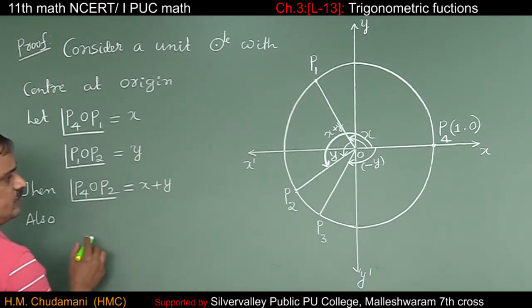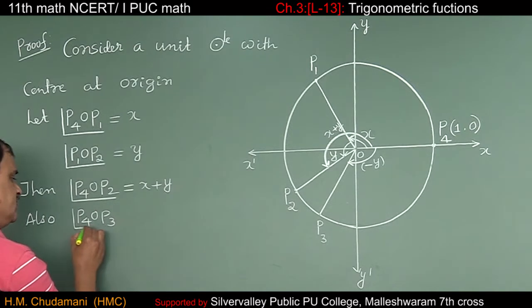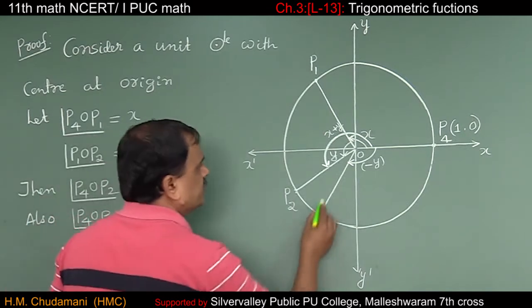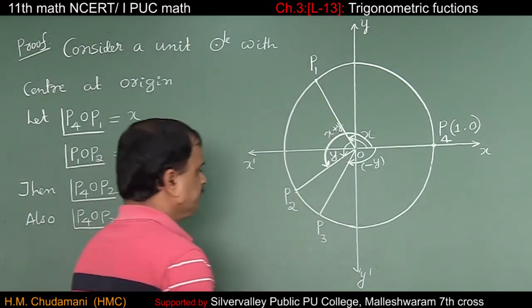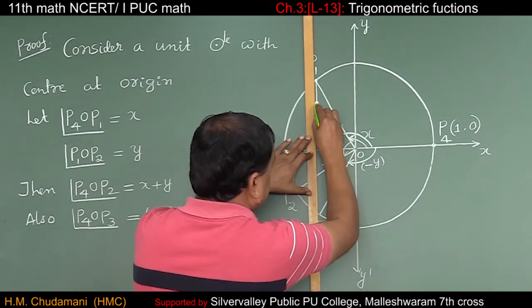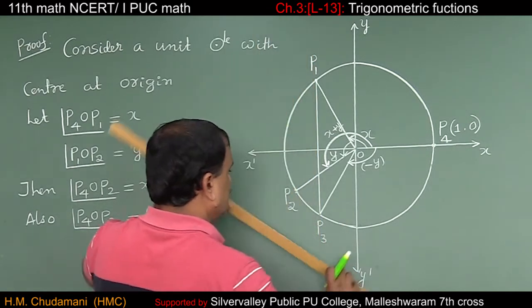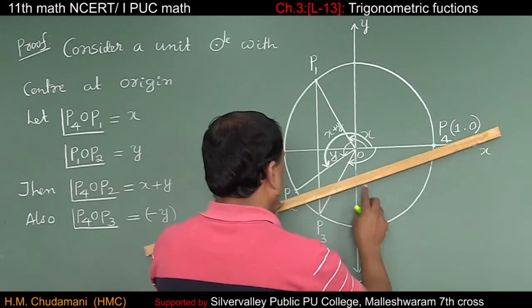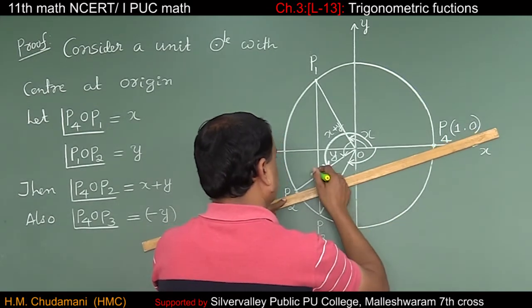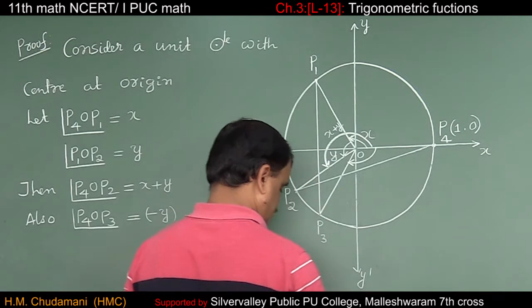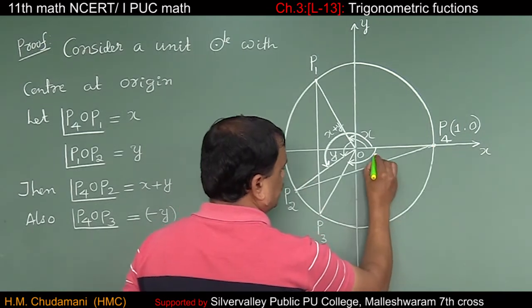Also angle P4 O P3 is minus y unit. Okay, so join P1 P3, and of course P2 P4. This angle is minus y actually.